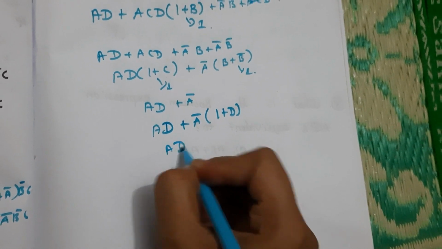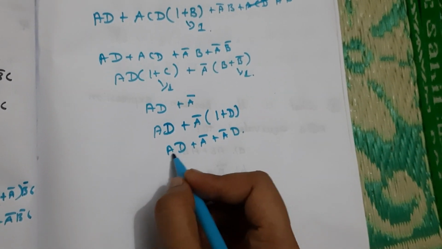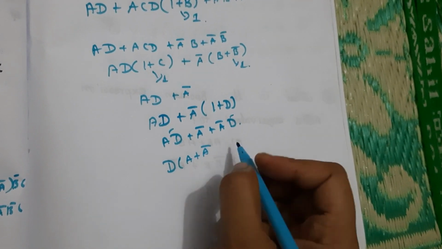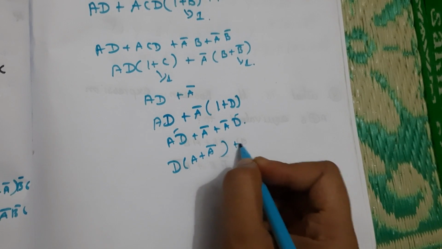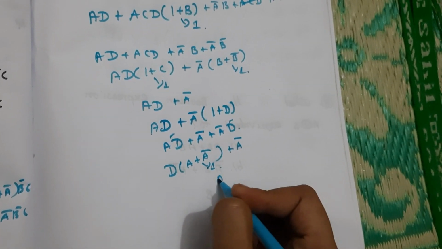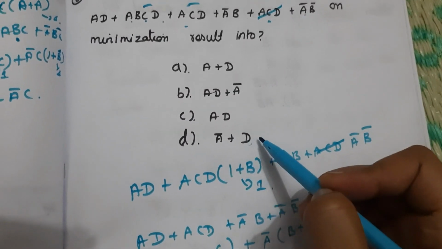So we will get AD + A' + A'D. So now consider this term, D is common, taking out we will get D into A + A' + A'. So this becomes 1. So we will get A' + D. So this is the answer. So here the answer is A' + D.